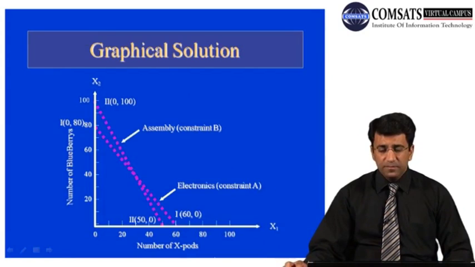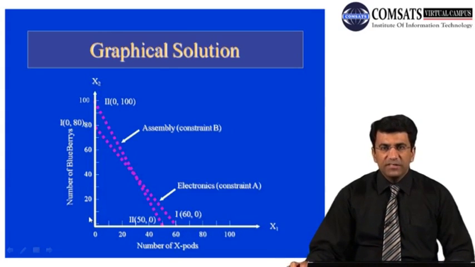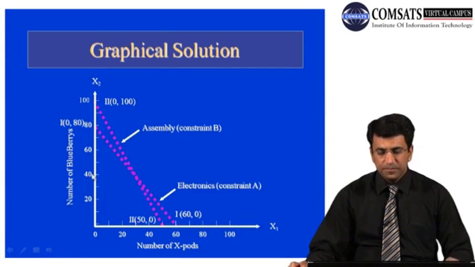Now in this graph, the number of exports, which is represented by x1, is taken on the x-axis, and the number of blueberries, which is represented by x2, is taken on the y-axis. So this is the y-axis, this is the x-axis, that is x1 on the x-axis, x2 on the y-axis.